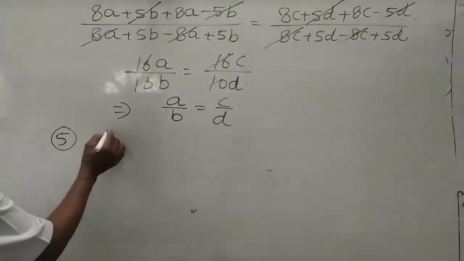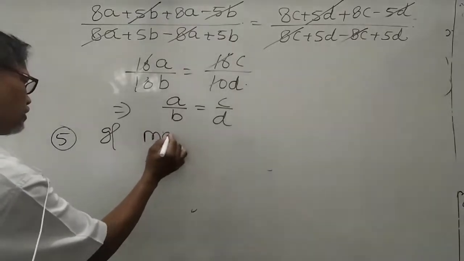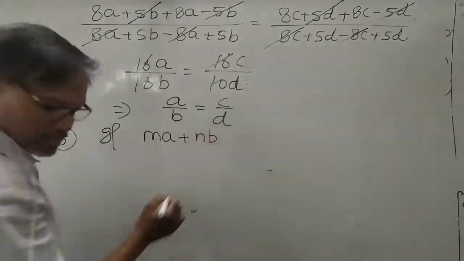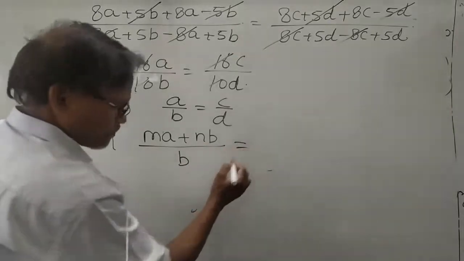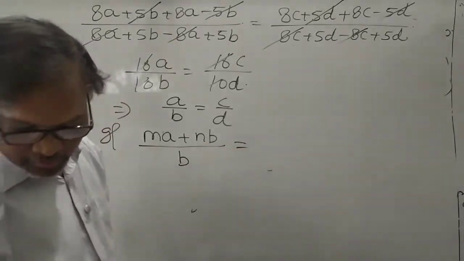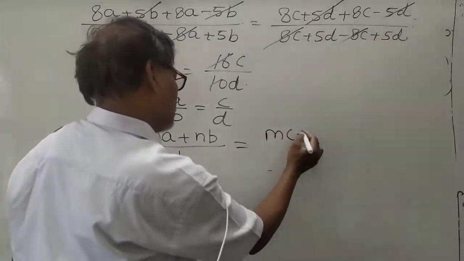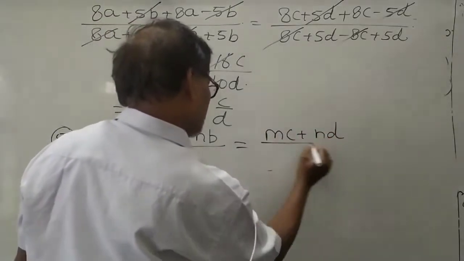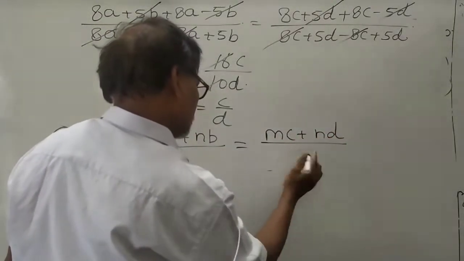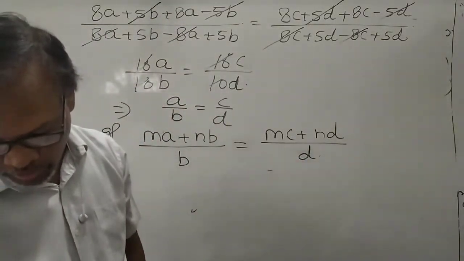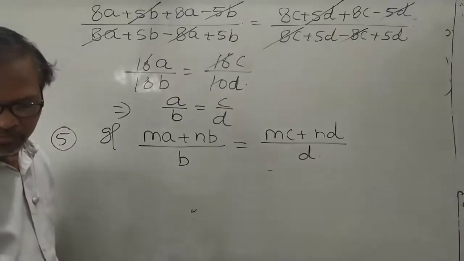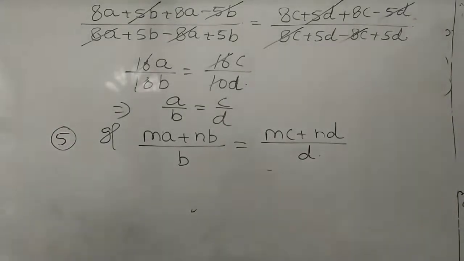If (ma + nb)/nb is equal to (mc + nd)/nd, show that a upon b is equal to c upon d. That is, a, b, c, d are in the question. How to show that?